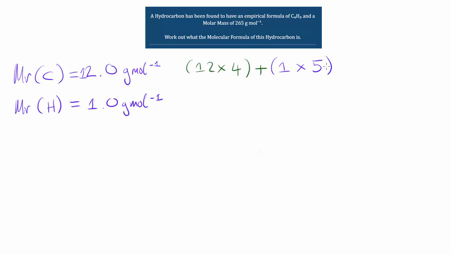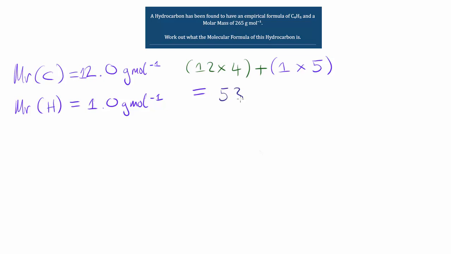And what's that going to give us? Well, I invite you to do this calculation and see what value you get, right? If you do that, what you should find is you get 53, okay?